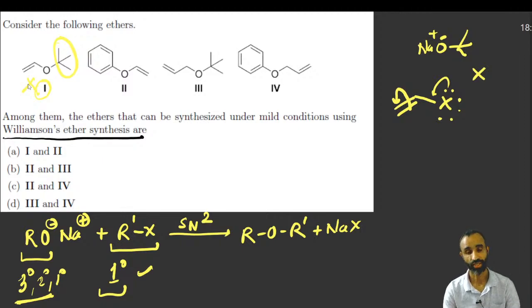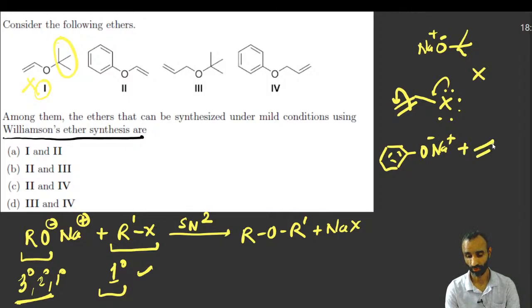Now come to the second one. Obviously, if you look at it, it is a benzene ring, so halogen cannot be on the aromatic group. So it should be the sodium salt.